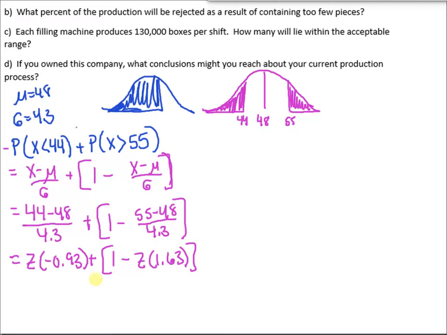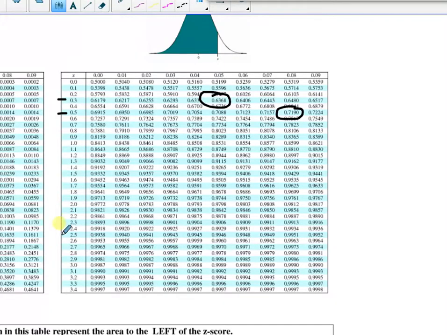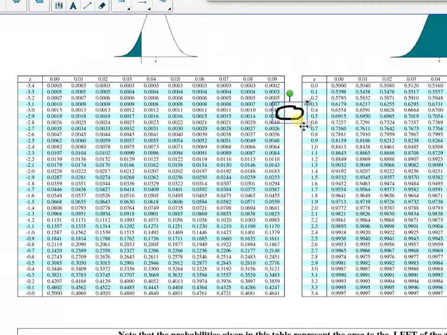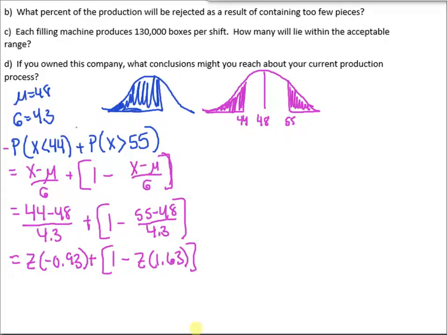Let's look up negative 0.93. It's on the negative side of the table. Negative 0.9 is here, column 3, giving 0.1762.